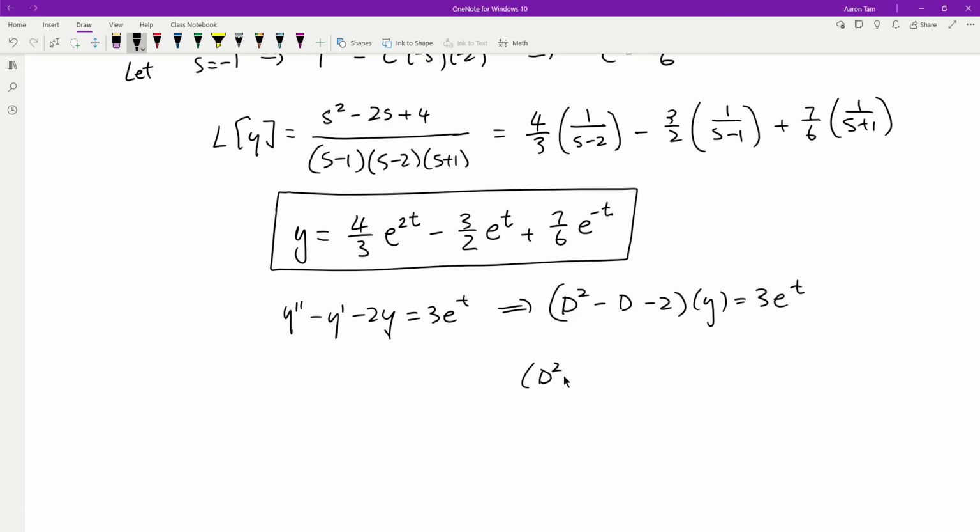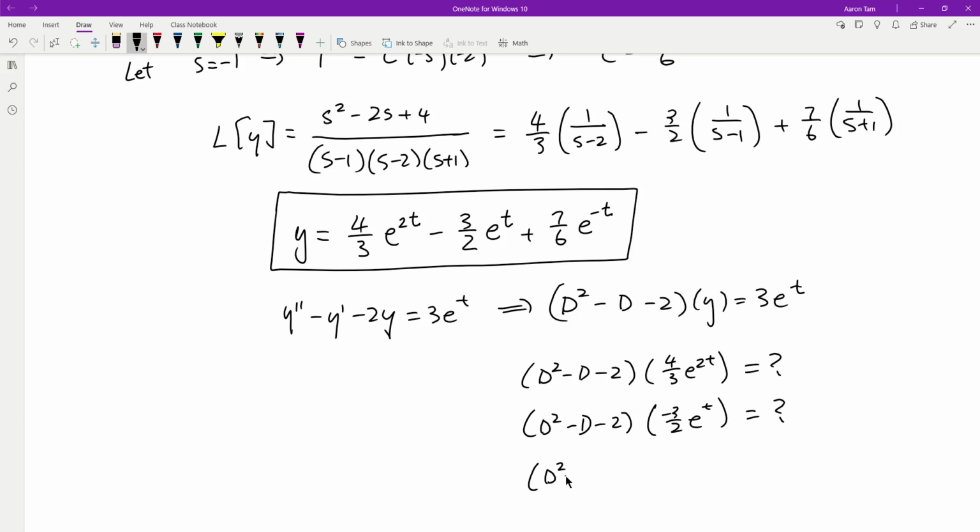What if I take d squared minus d minus 2 and put in 4/3 e to the 2t? What should I get? And if I do d squared minus d minus 2 of negative 3/2 e to the t, what should I get? If I say d squared minus d minus 2 of 7/6 e to negative t, what should I get?